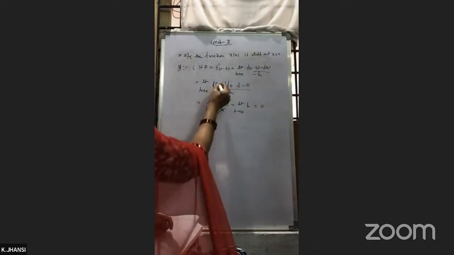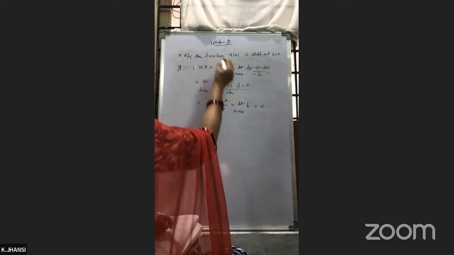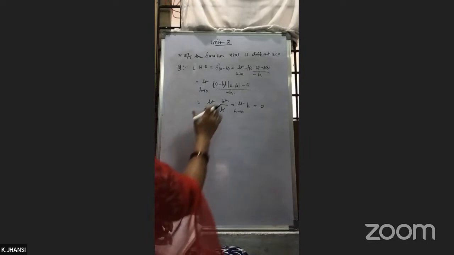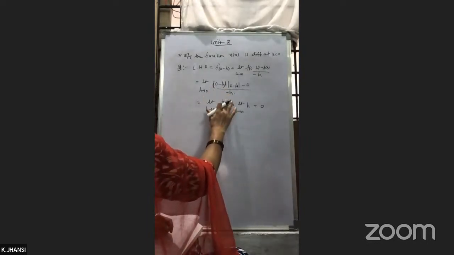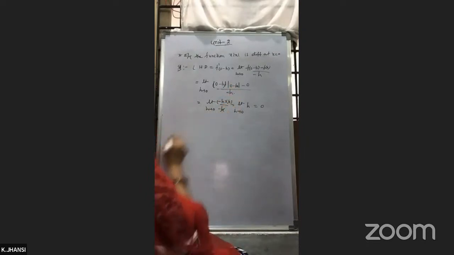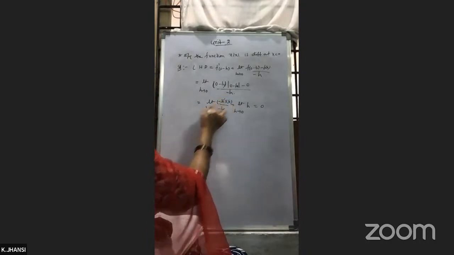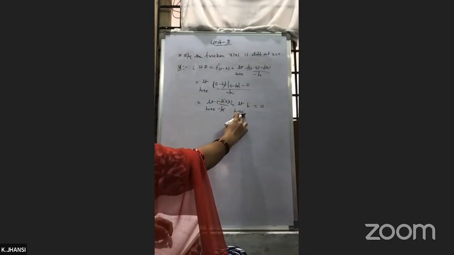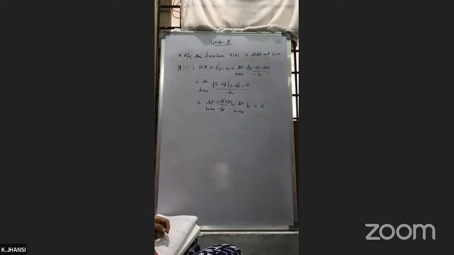So this is 0 minus h into modulus of 0 minus h, minus 0, by minus h. So what you will get here is minus h, and modulus of minus h is h, and this is minus h. So minus h both will get cancelled, again h will remain. When you substitute h value as 0, it is 0.